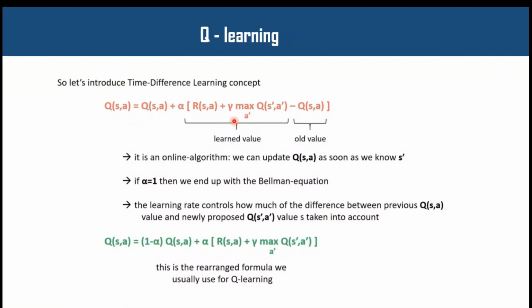We know that when gamma equals 1, the current reward and the future reward are the same. When gamma is 0.1 or like that, it will consider only the present reward. So that is the concept for this one. And this is the reward for that action. It is moving from one state to another state based on these values, and obviously it will get some reward or punishment for that. Okay, so that is R of S comma A. And with that you have the learning factor, which is how much it has learned.